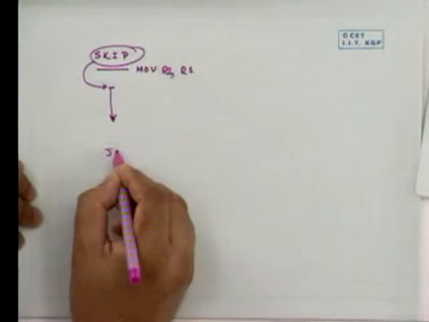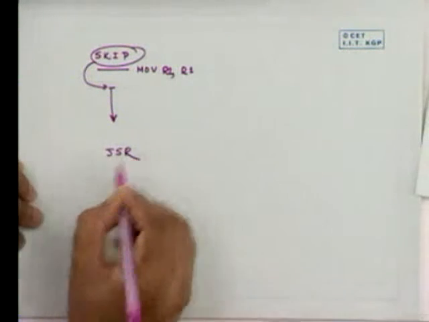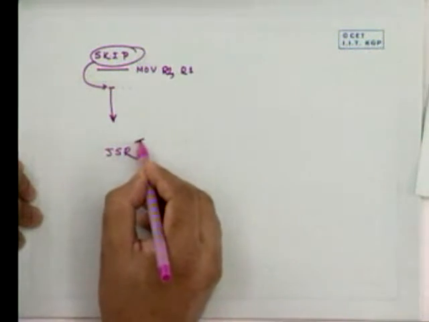In that case, the control has to flow from one point in one program or function into the beginning of another function, and the control should come back to the point from where it flew out. This is naturally called a subroutine call or function call. Correspondingly, there should be a machine instruction which is able to handle this, and such an instruction is called jump to subroutine. We will discuss jump to subroutine in our next lecture.